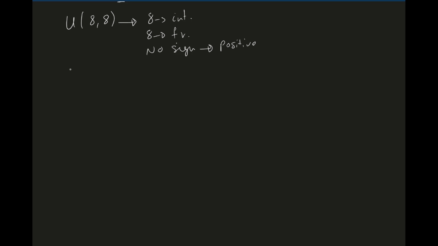On the other hand, if I have an S, let's say 7, 8, this means the number I'm looking at has 7 bits for the integer, 8 bits for the fraction, and 1 bit for the sign.